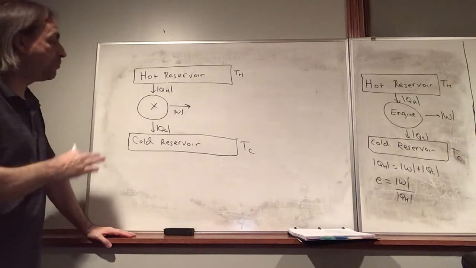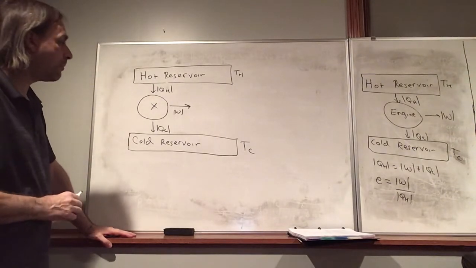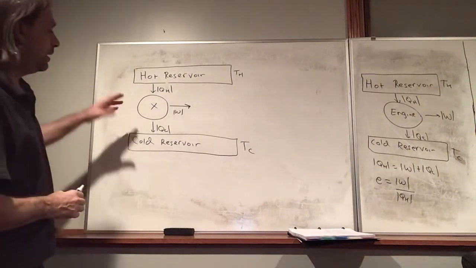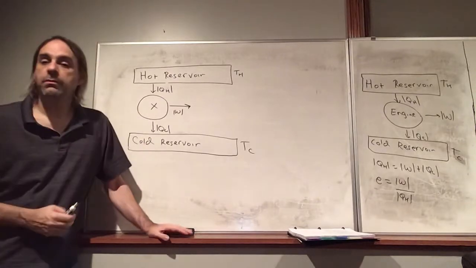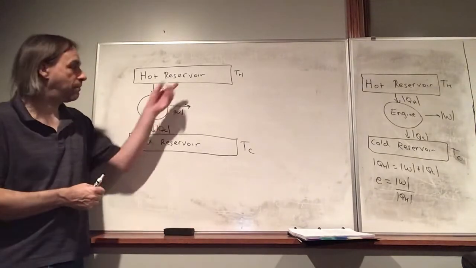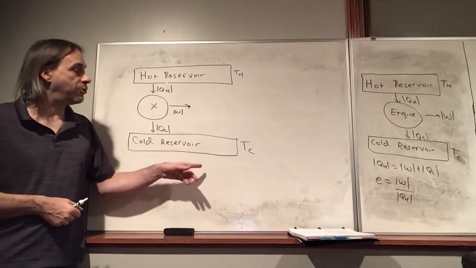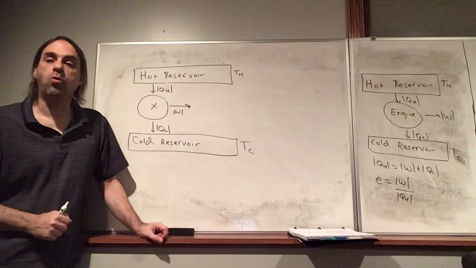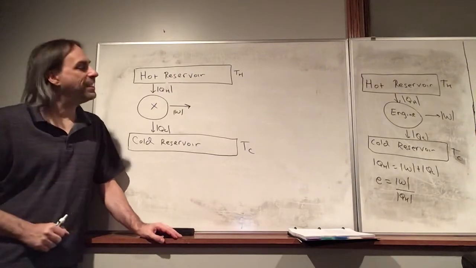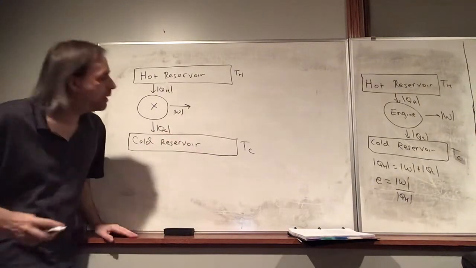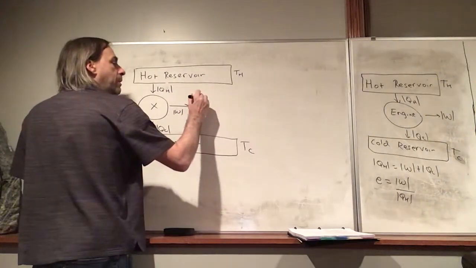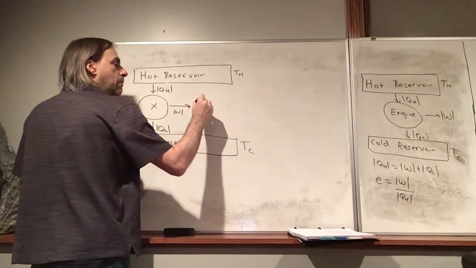However, what we're going to do is take this engine. We have some heat engine, and it's taking advantage of the difference in temperature to do some useful work. And we're going to use this work to drive a Carnot engine in reverse.